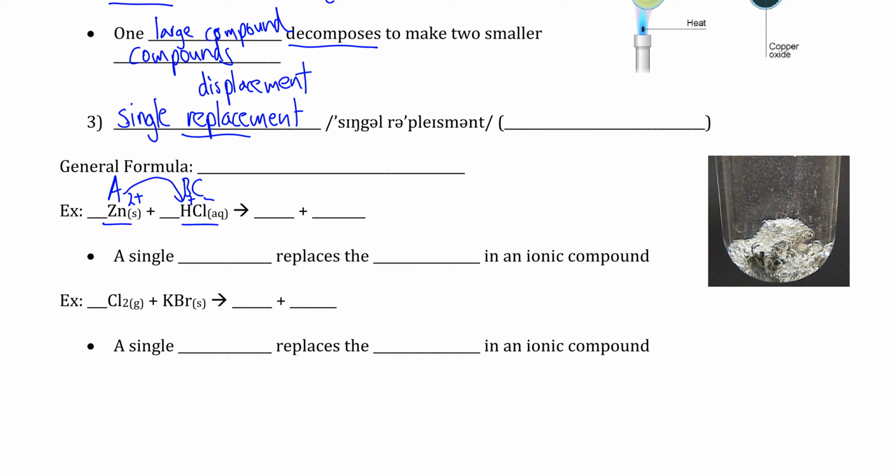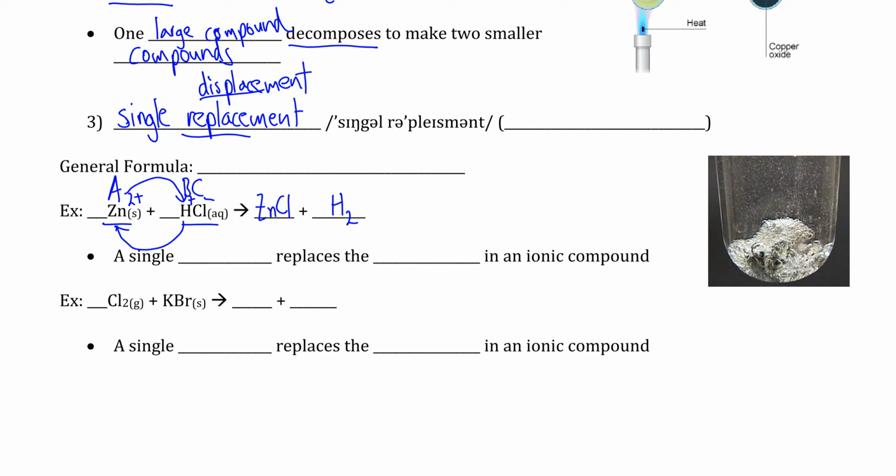So that means that zinc and hydrogen are going to switch places, or displace or replace each other, meaning that we're going to end up with zinc and chlorine bonded together and hydrogen on its own. But we write this as H2 because hydrogen forms a gas where it exists as two atoms together.